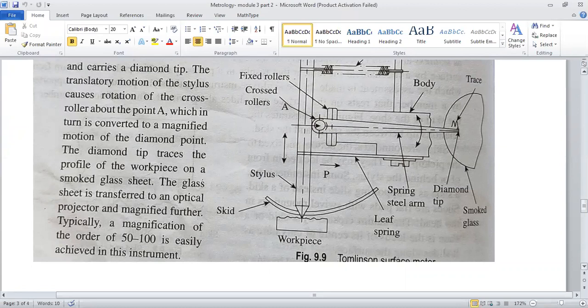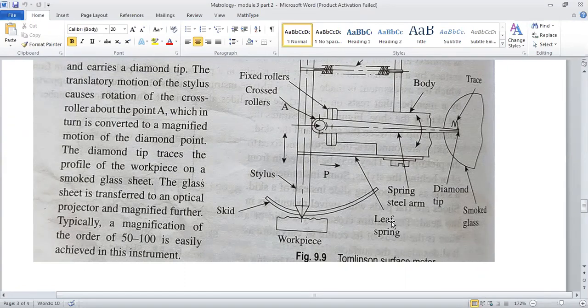In case of a normal stylus based system, the traces of the workpiece surface are directly amplified into the electronic system or electronic result.